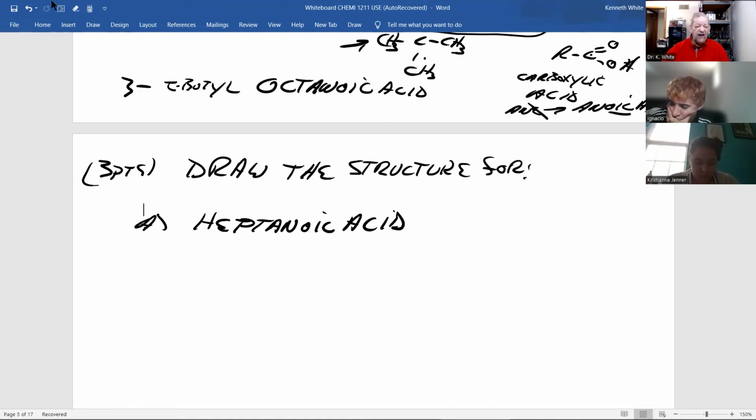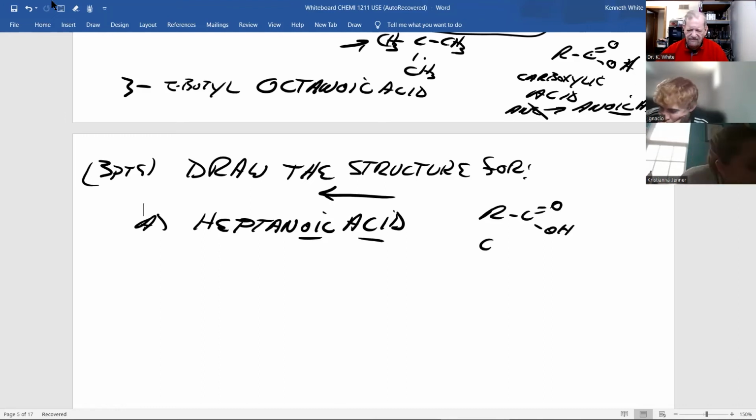And how do you do that? You start from the right and move left. OIC acid tells you have a carboxylic acid. And if that were an E instead of OIC and the word acid, heptane, 7 carbons.